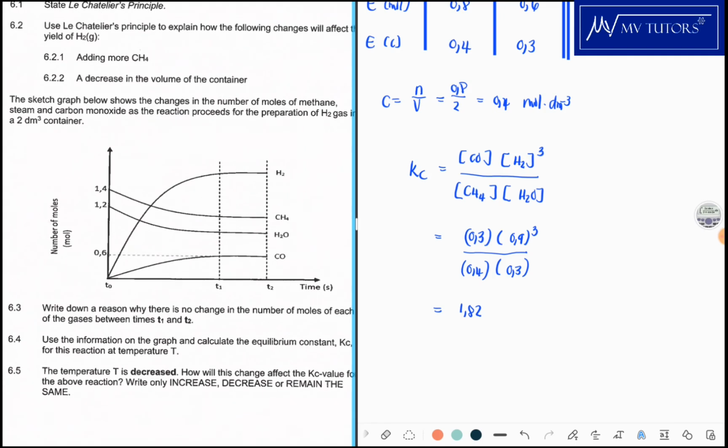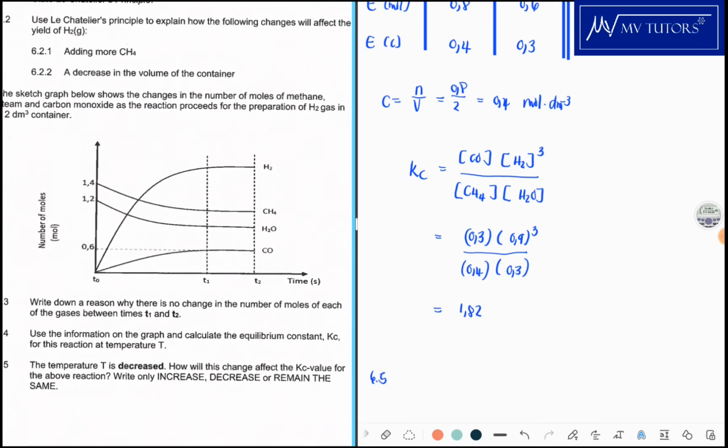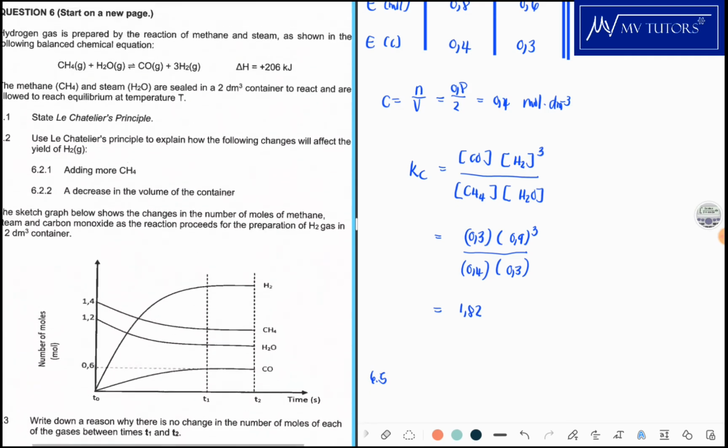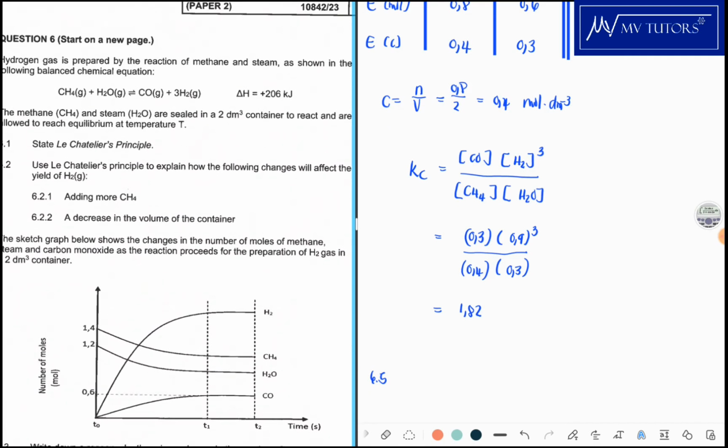And then lastly, 6.5, it says the temperature T is decreased. How will this change affect the Kc value for the above reaction? If we have decreased the temperature, remember this reaction is endothermic. So a decrease in temperature means that the reverse reaction is favored.